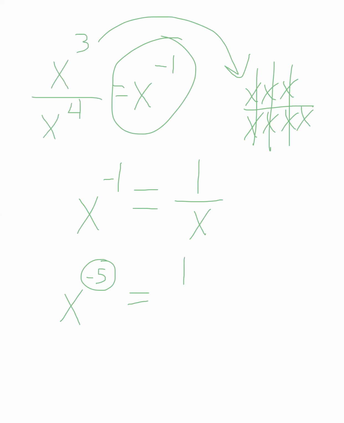So x to the -5th is the same thing as 1 over x to the 5th. One way to think of it is that with a negative exponent, you take the reciprocal of your base and then raise it to the positive exponent.